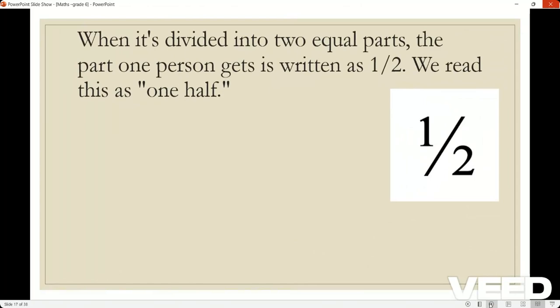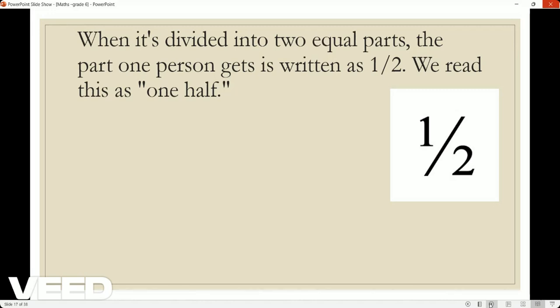Next, when it's divided into two equal parts, the part one person gets is written as 1 over 2. We read this as 1 half. Sometimes we say 1 over 2, or likewise, but here I have mentioned it is good if you say 1 half.